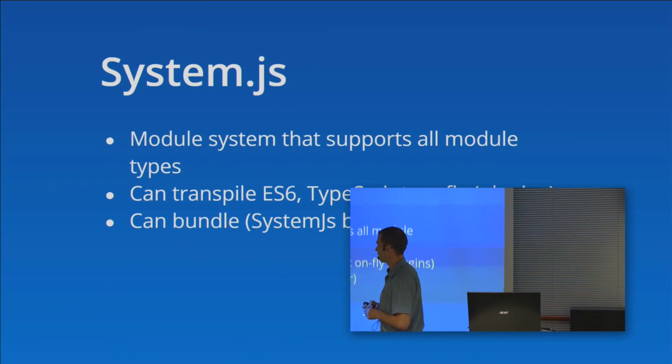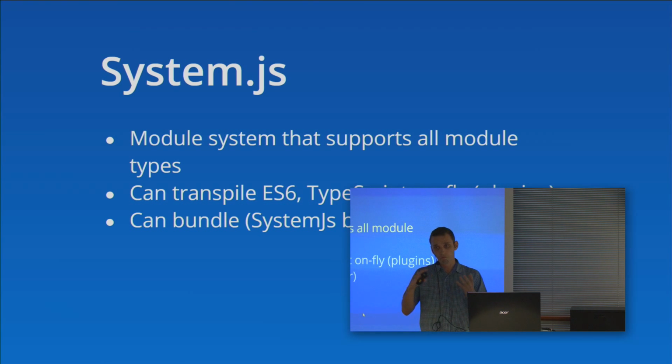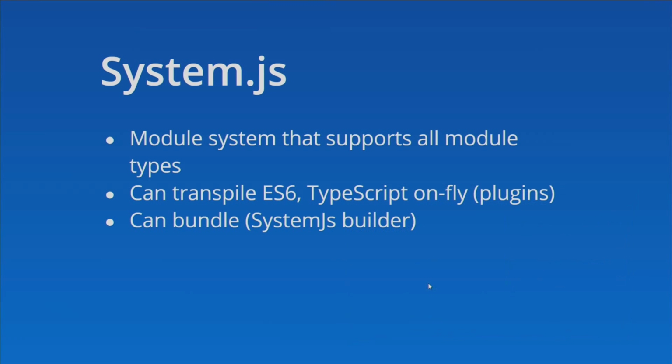And System.js is actually quite good in the sense that it is sort of universal. One thing about System.js is that there are many module formats: AMD, CommonJS, and so forth. But then there is also now the System.js module format, which is bad.